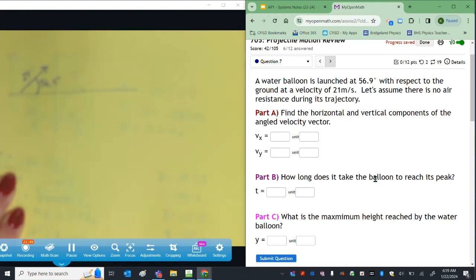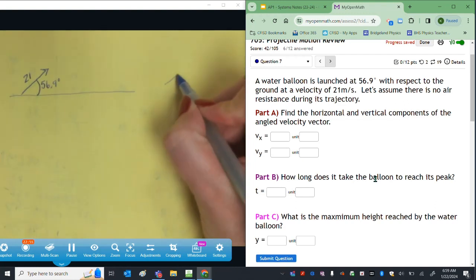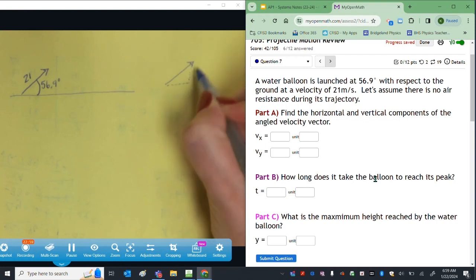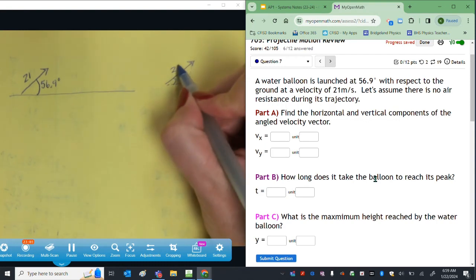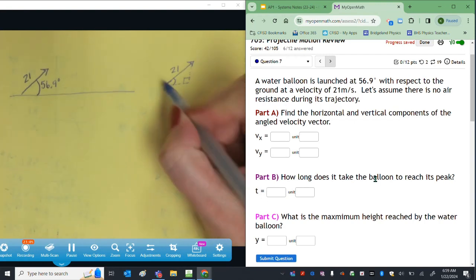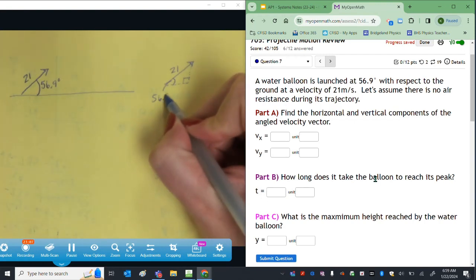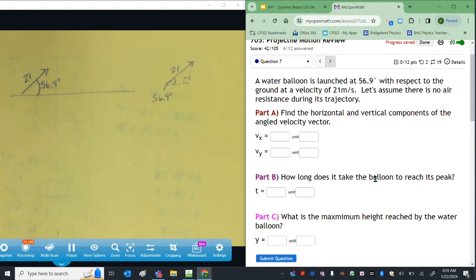And so because we're launched at an angle, we need to solve for the components. When you have something at an angle, part of it is horizontal, part of it is vertical. And you can solve for those parts. If this is 21 and this angle right here is 56.9 degrees, we can solve for the different components.